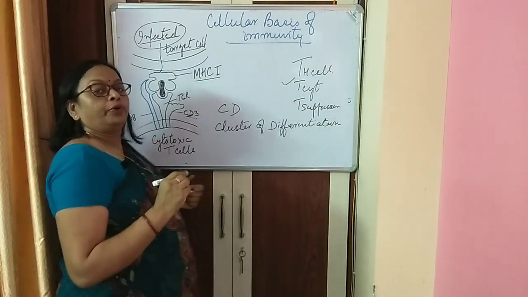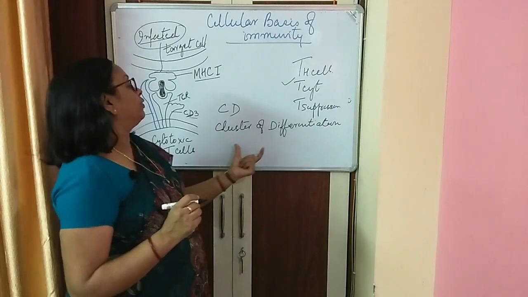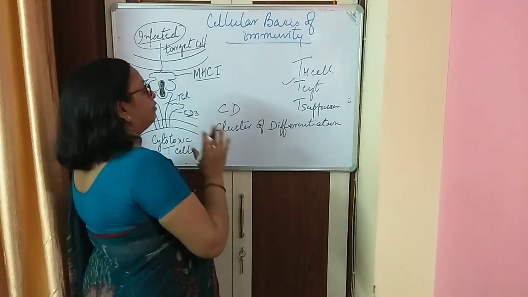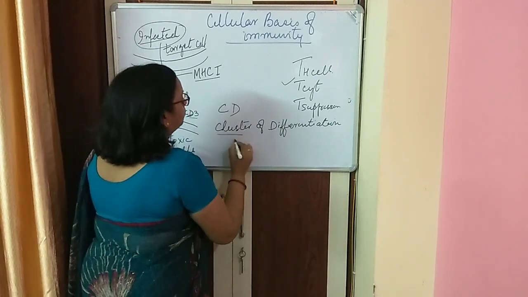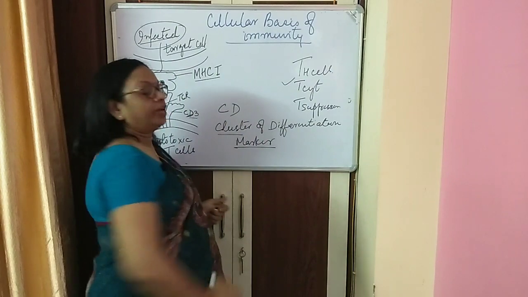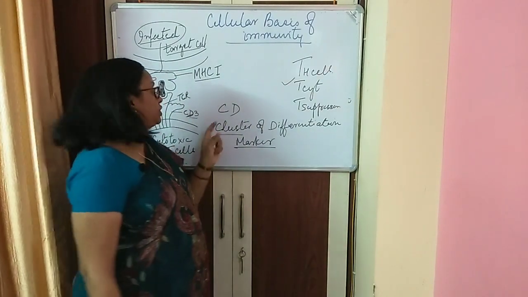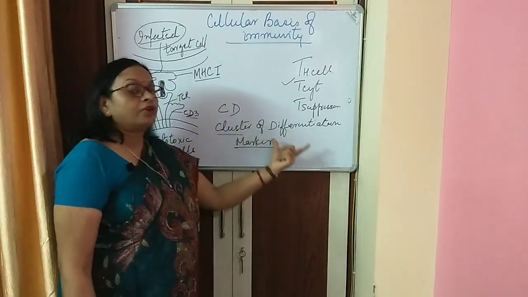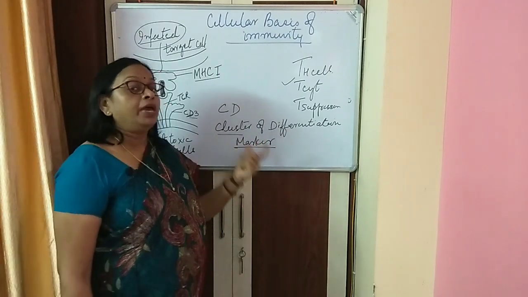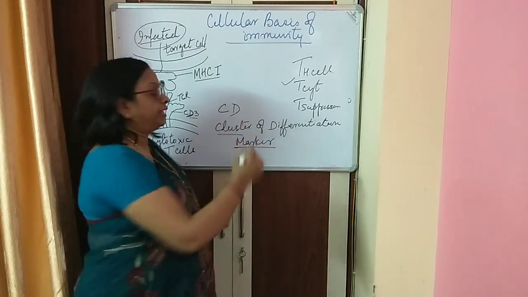This is a proteinaceous molecule, or you can say it is also glycoprotein in nature. And one more thing: it is a kind of marker for any cell. So CD stands for cluster of differentiation, and it can be a marker for a particular cell type if a certain number is written with it.